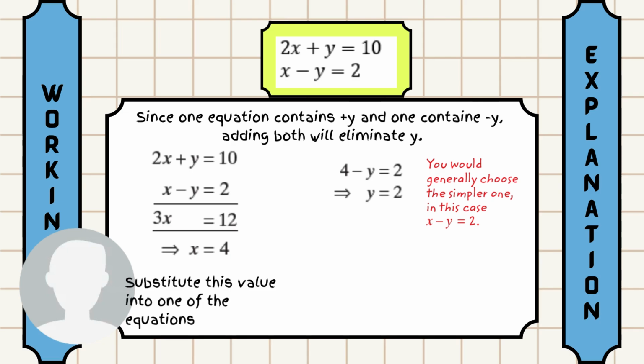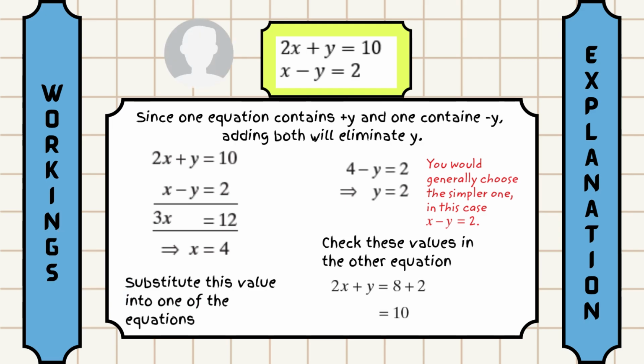Okay, so when I substitute x equals 4, it becomes 4 minus y equals 2, and therefore y equals 2. Okay, so the elimination method is done. But in order for you to check whether your answers are correct, you can substitute back both of these values, which is x equals 4 and y equals 2, into the equation.